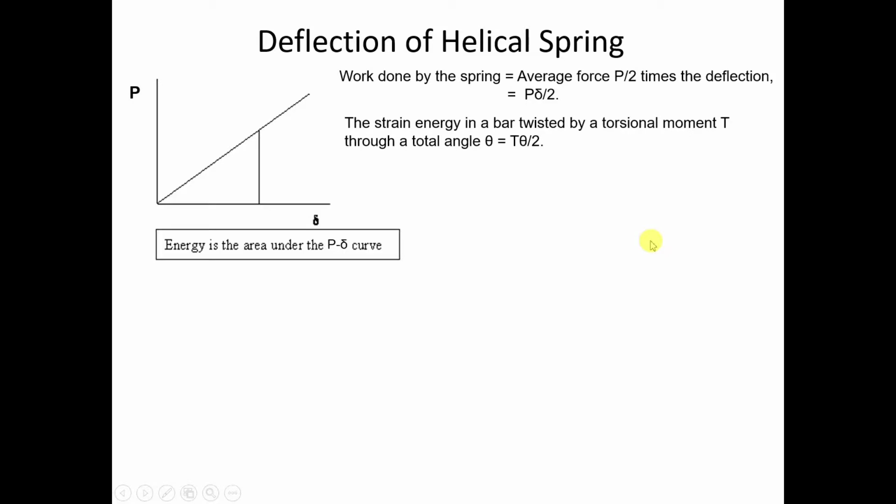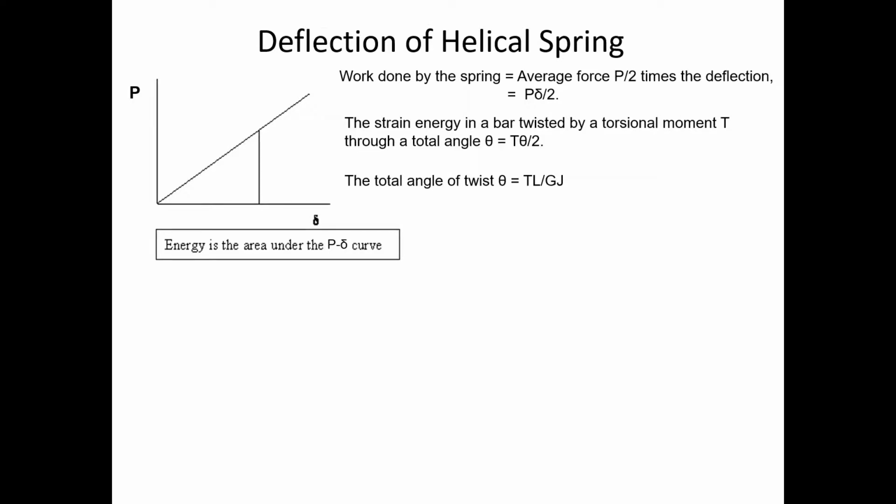We also know that the strain energy in a bar twisted by a torsional moment T through a total angle theta will be given by T theta by 2, and the total angle of twist theta will be given by TL by GJ, where L represents the length of the bar, G represents the modulus of elasticity, and J represents the polar moment of inertia.